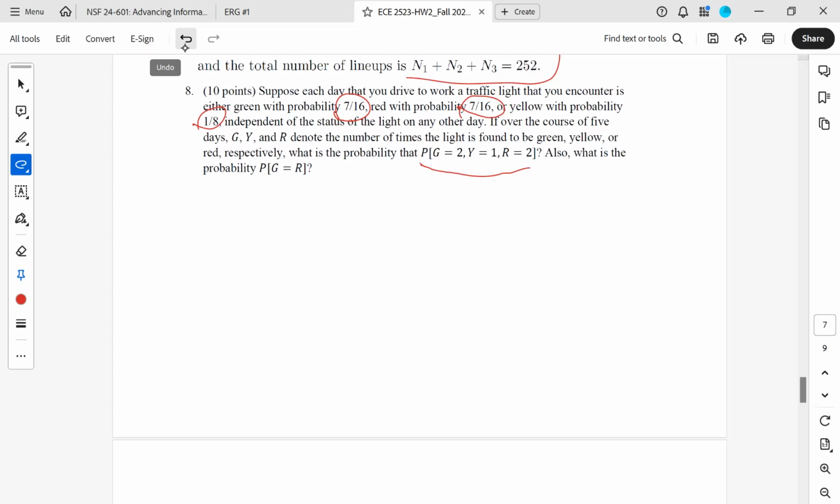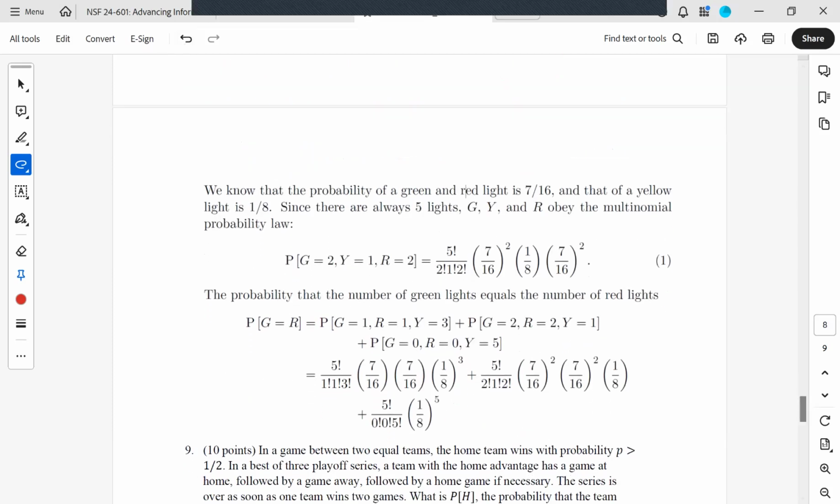Now, let's move on to the solution to the first part so we know what we're talking about. You have 5 observations and you want to see how many combinations you could have out of those 5 observations. Within those 5 observations, you have 2 green, 1 yellow, and 2 red.